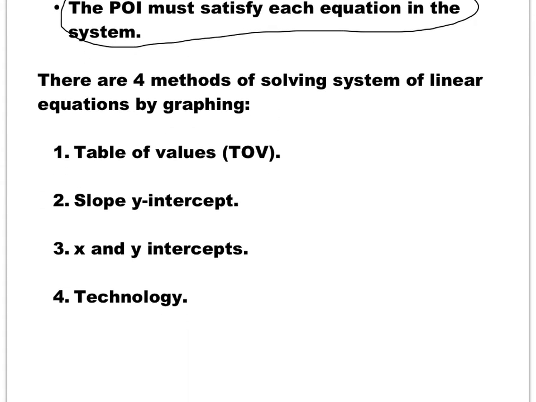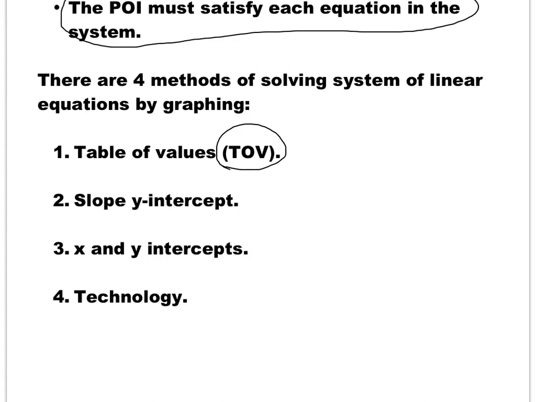Now, there are four methods for graphing a line. And these are the methods that we can use to solve systems of linear equations by graphing. The first one is table of values, where you are going to choose at least 2 points and then find the value of the other variable and then plot the points and connect them.